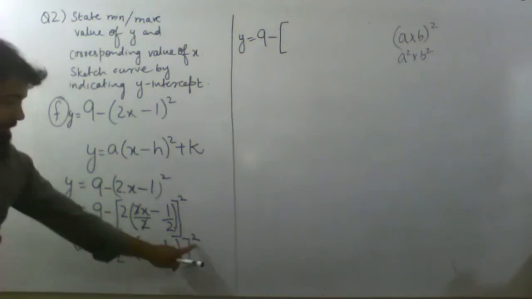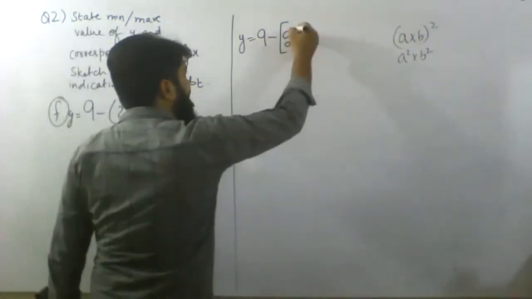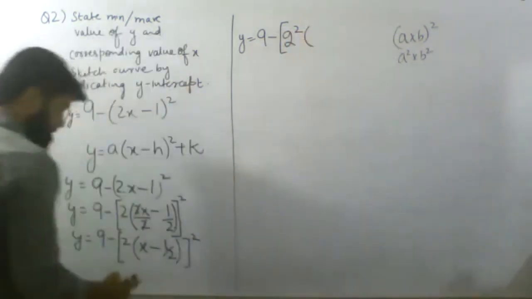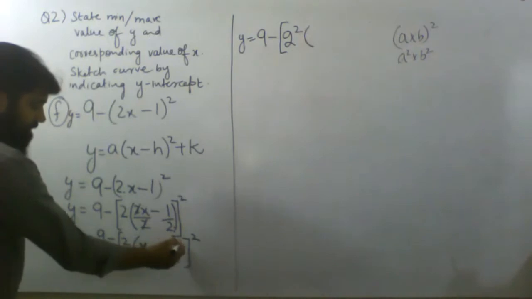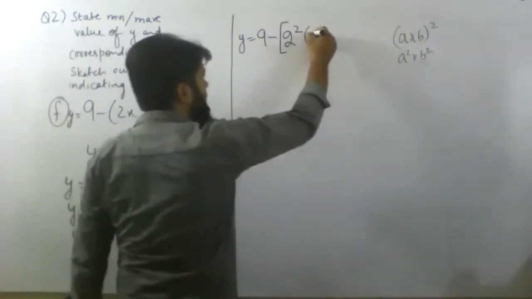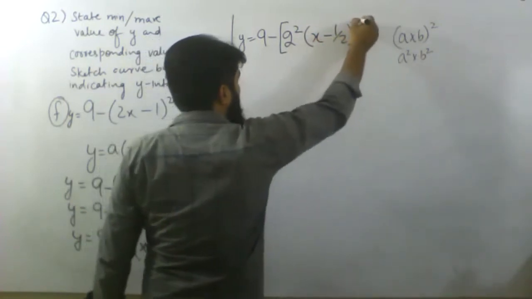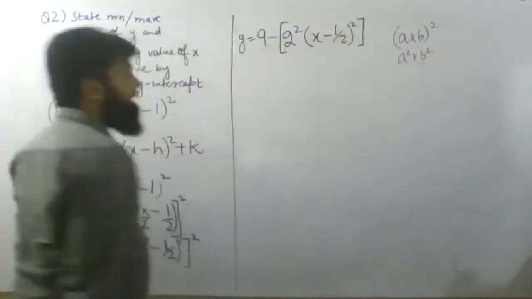This 1 will be multiplied by this 2, so I am going to have 2 square. This bracket has got power 1, so when I multiply it, this will also become x minus half whole square and then bracket.